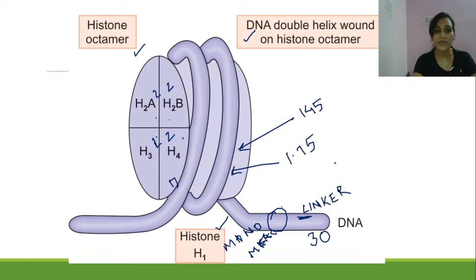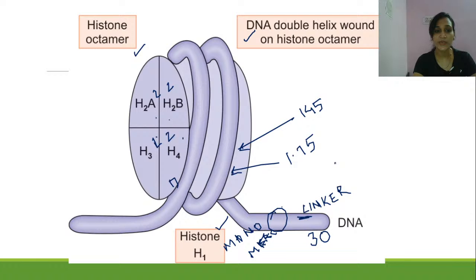Right. H2A and H2B are rich in arginine, and H3 and H4 are rich in lysine. So, they are basically basic in nature. When we are saying H2A and H2B, it will be very easy for you to remember the A for H2A and A for arginine.